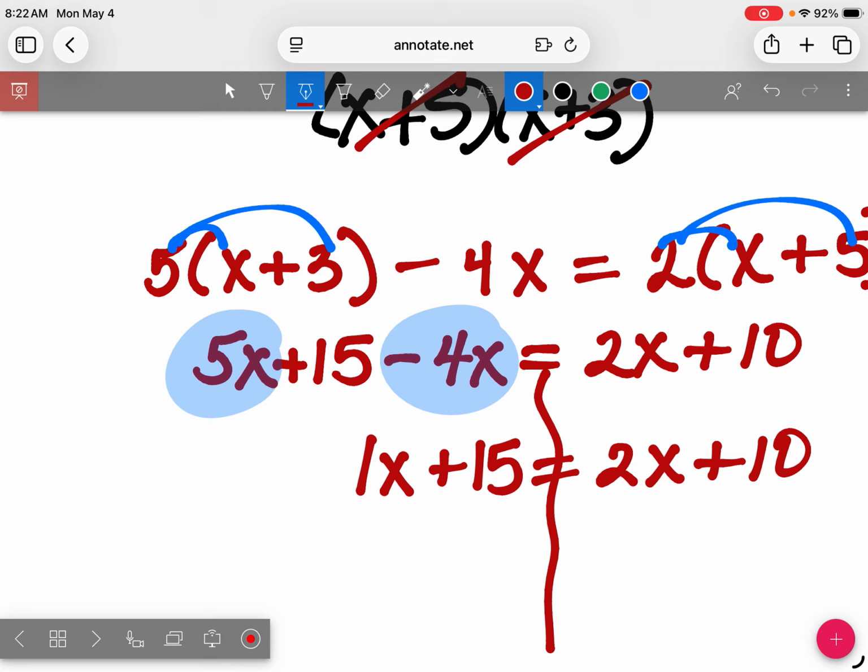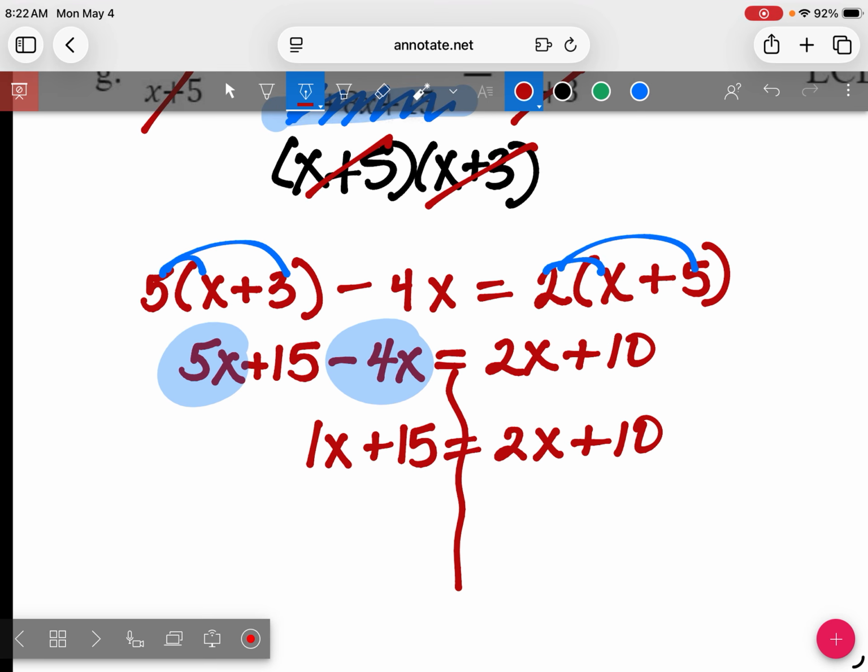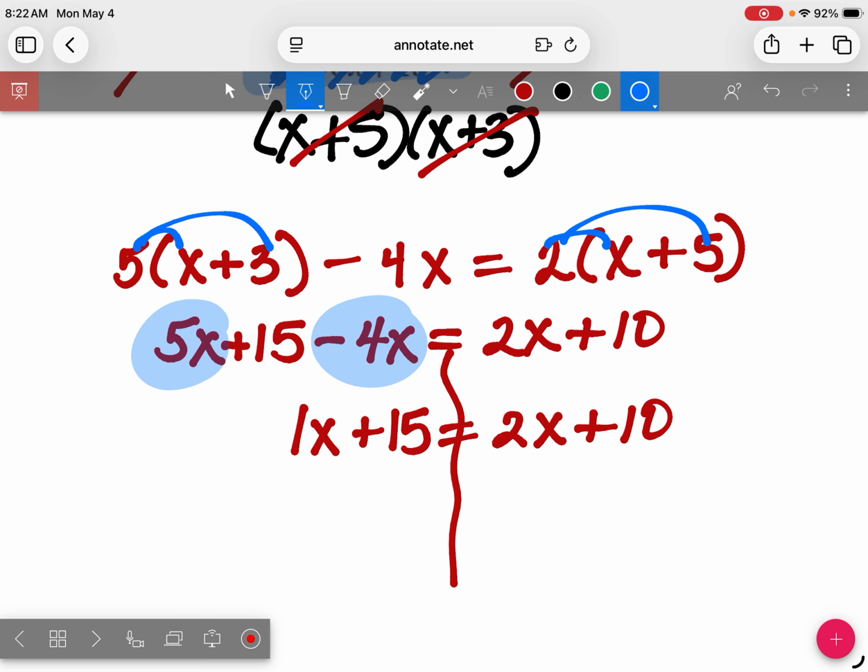Now we're moving things across the river, across the equal sign. So we do opposite. So I'm subtracting the 1x.